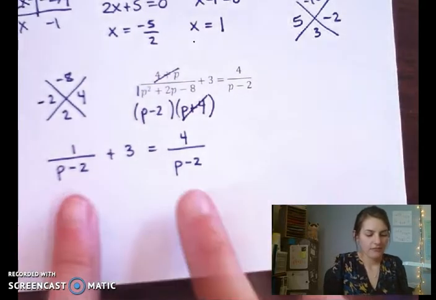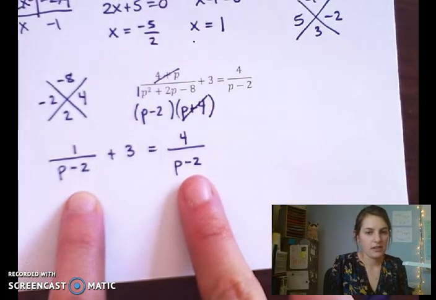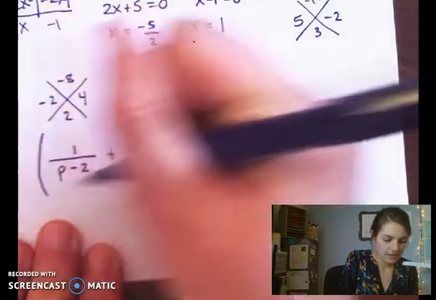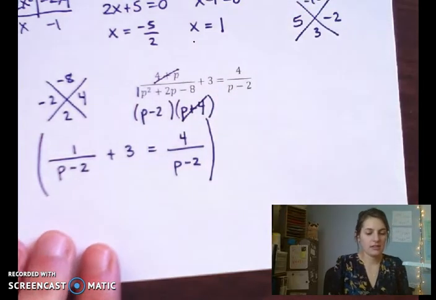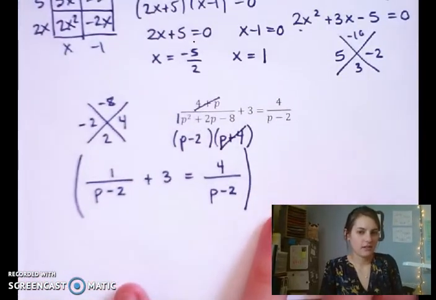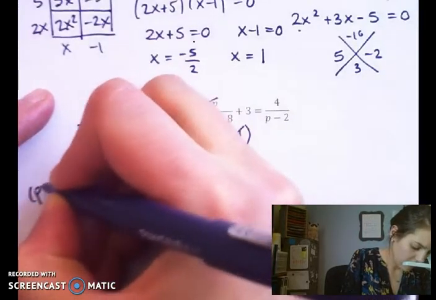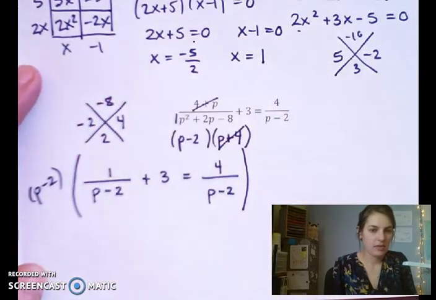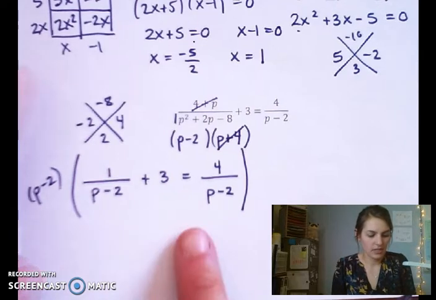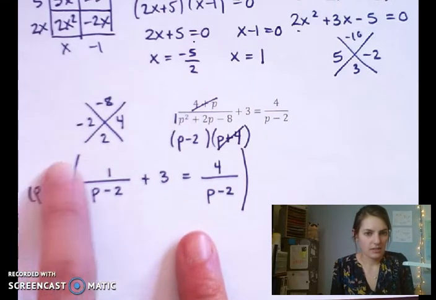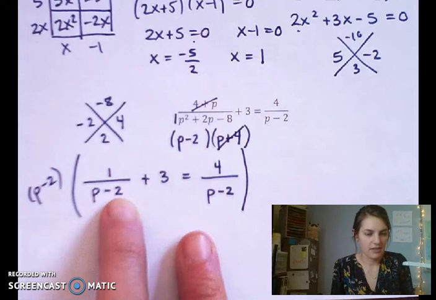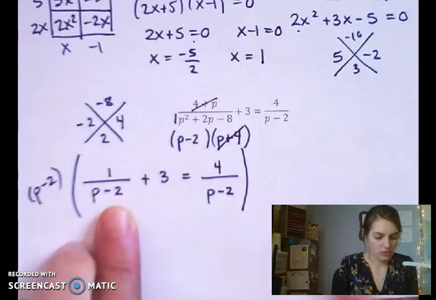And we have only one denominator here, just a denominator of p minus 2. So to start canceling out the denominators, I can multiply the whole thing through by p minus 2. So I multiply this times that, which gives me p minus 2 over p minus 2, which is just 1.